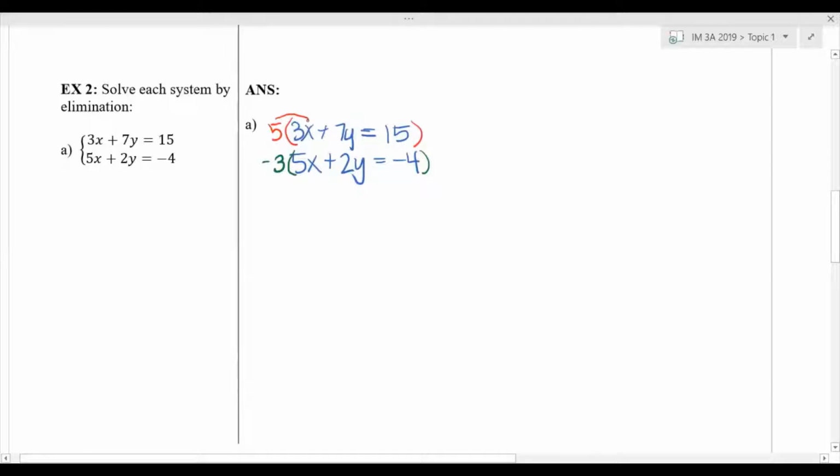Okay, so let's simplify. So 5 times 3x is 15x. Actually, let's write this on the side so we can see it transparently. 15x, and then 5 times 7y, so plus 35y. And then 5 times 15 is 75.